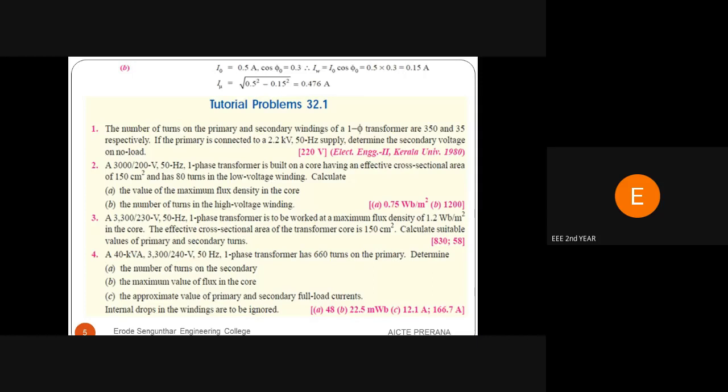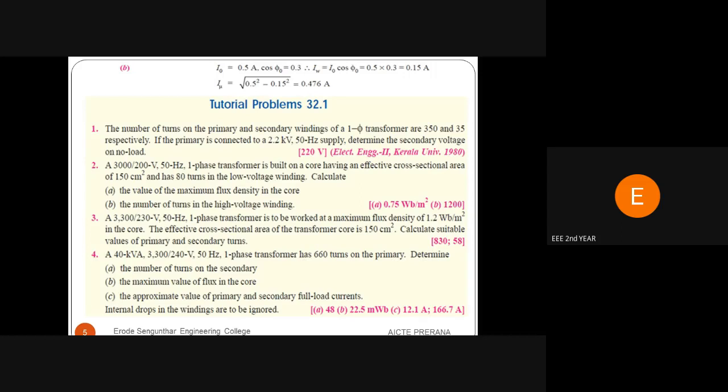IW equals I naught into cos phi naught. We have to remember this formula. Substituting these parameters directly, IW equals 0.5 into 0.3, which gives 0.15 ampere.